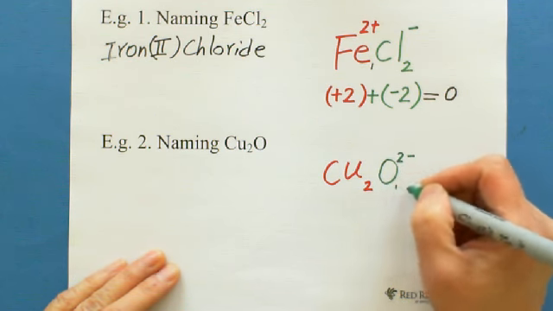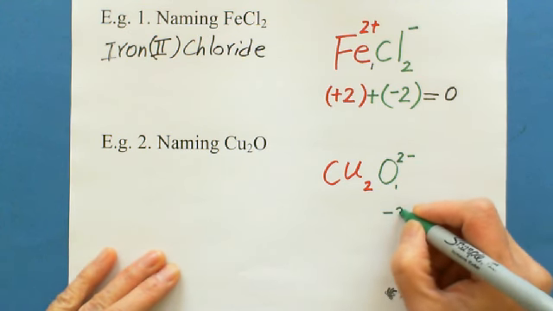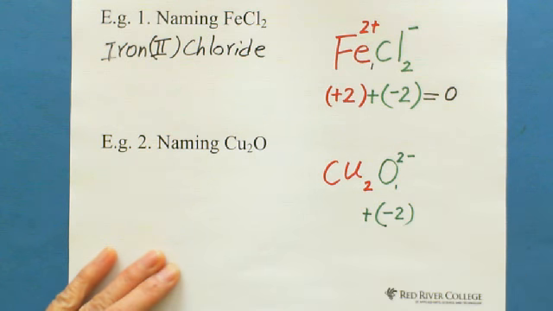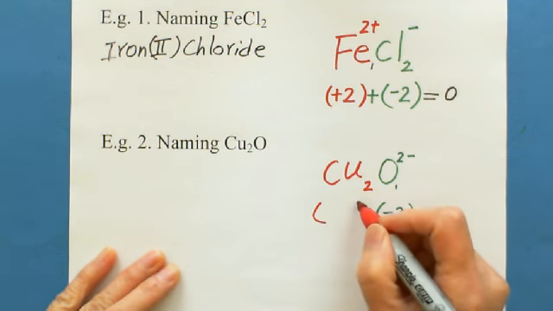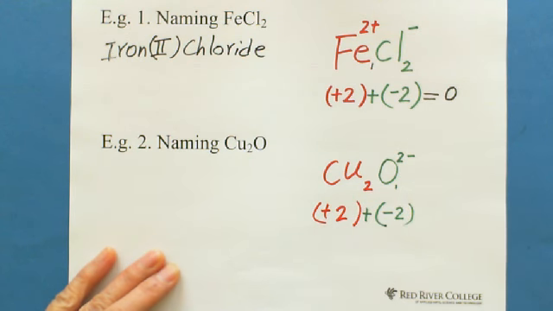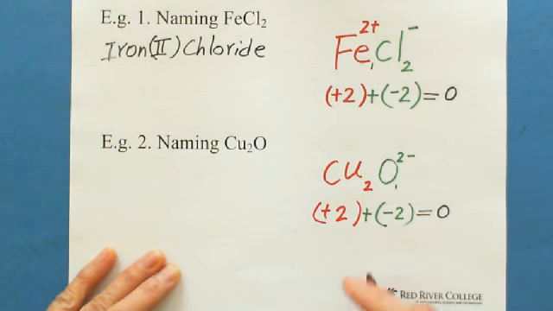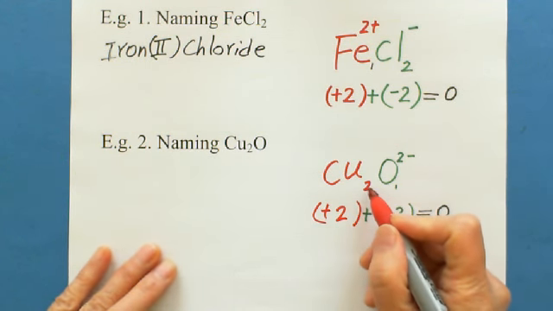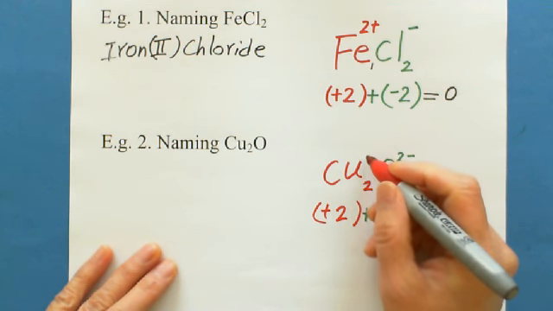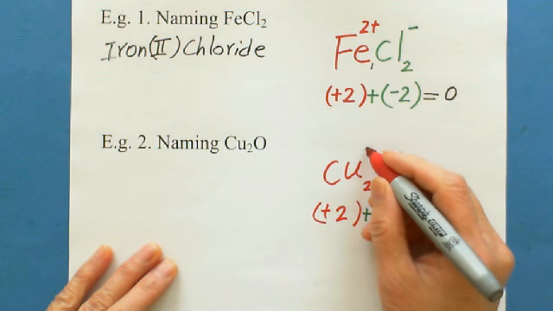So the total negative charge is 1 times -2, equals -2. The total charge from the positive side has to be positive 2, so that they can make 0 charge. So you see copper is 2 ions, and each copper ion in this situation is +1.